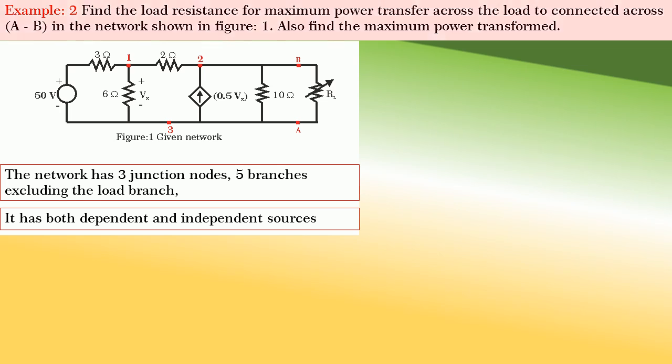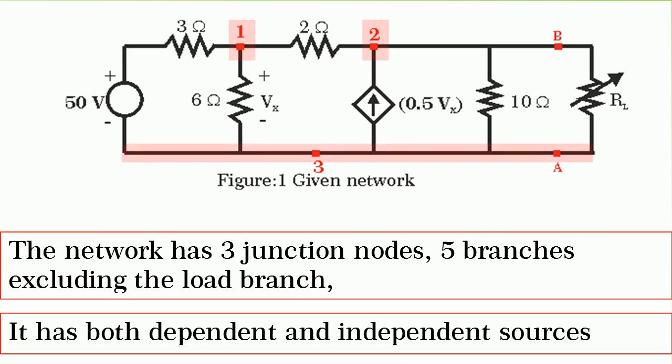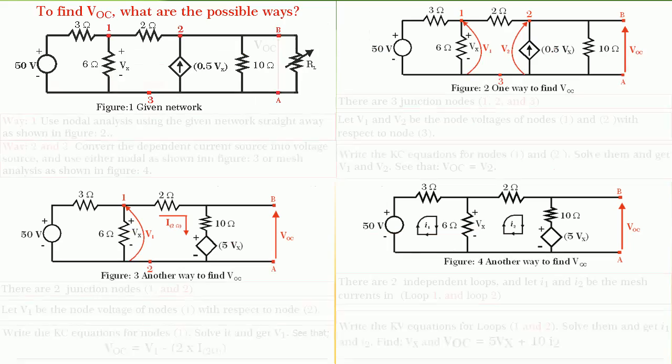Friends, let us take another very interesting and typical example to find the load resistance for maximum power transferred across it and also find the maximum power transferred. We see that the network has 3 junction nodes, 5 branches. Observe that the network has both independent and dependent sources.